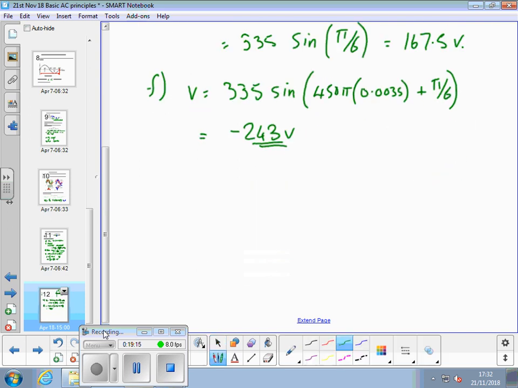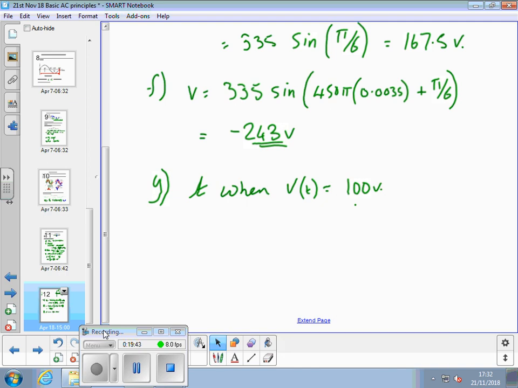Right. G. Right, this is looking for t, the time when v(t) is equal to 100 volts. So what we're looking for is to rearrange this equation.